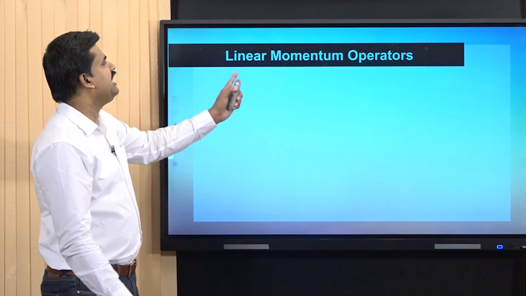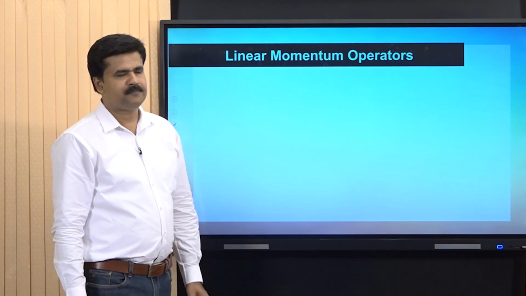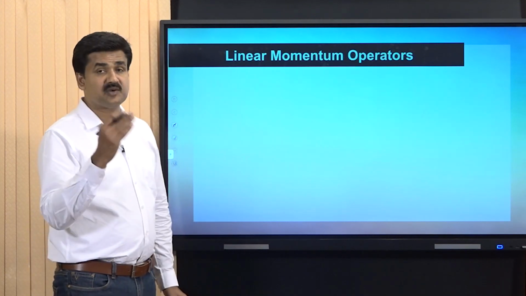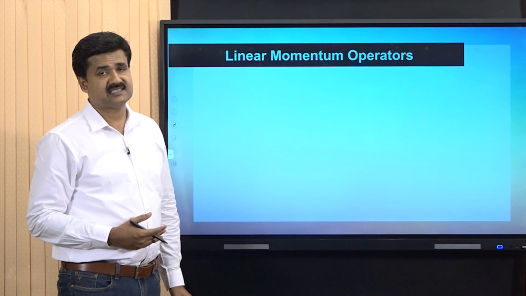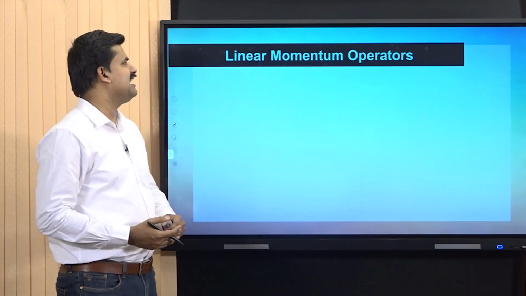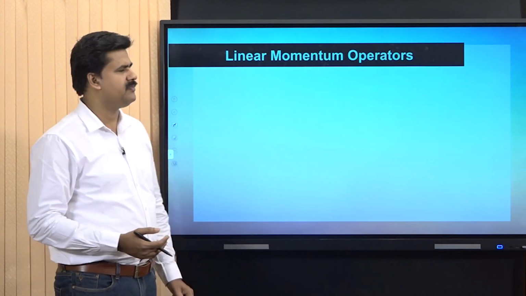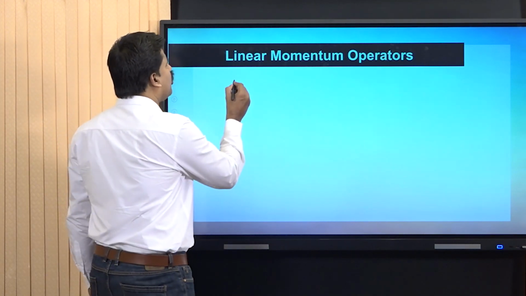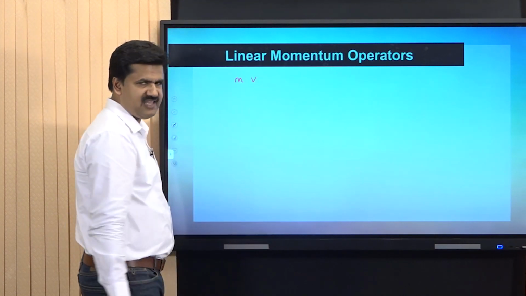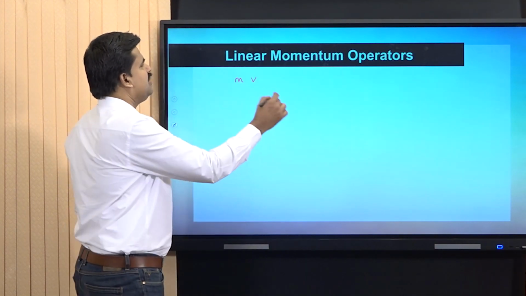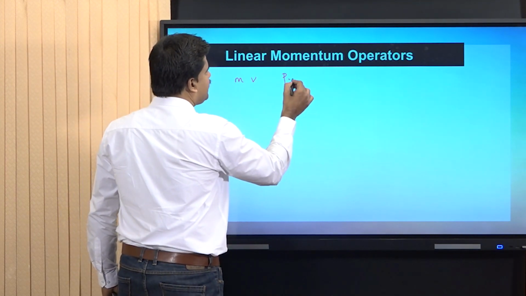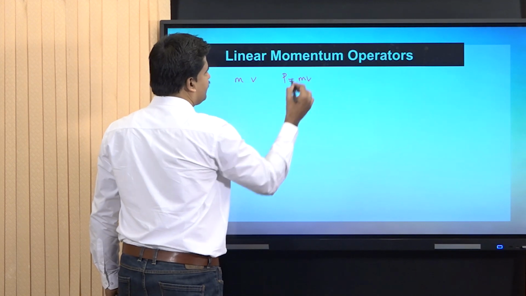Now, the linear momentum operator. These are very important in quantum mechanics. As far as energy and momentum are concerned, these two are very important properties. Now we are discussing the linear momentum operator. Let us consider a body of mass m moving with a velocity v. Then the mathematical expression for momentum is p is equal to mv.